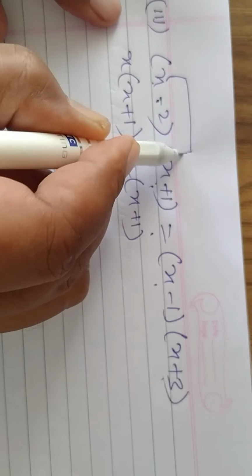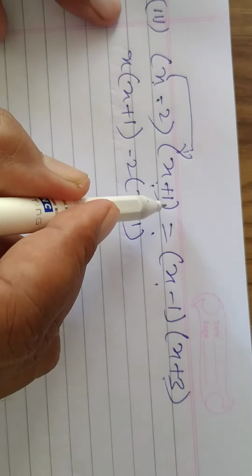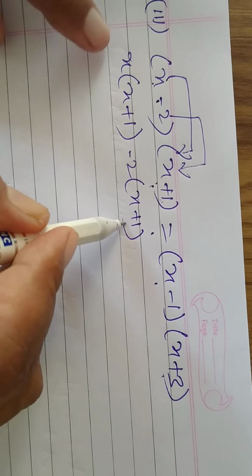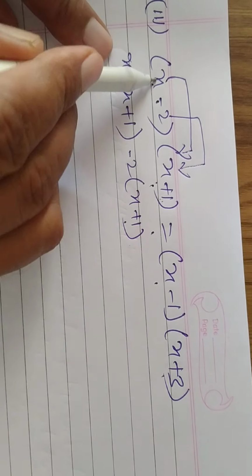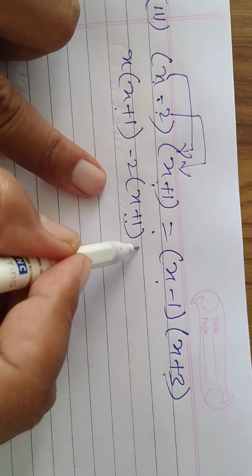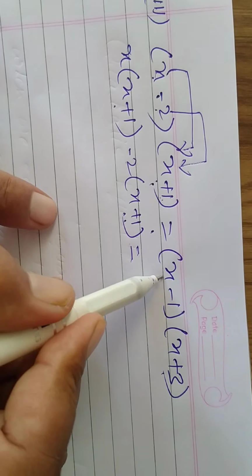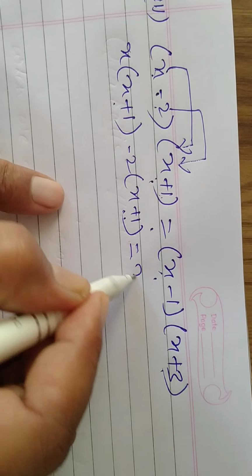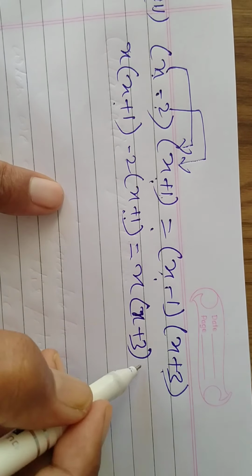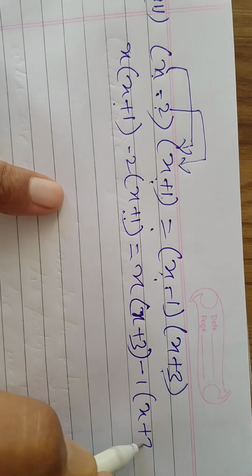First this we multiply to both terms, then again we multiply to this both term. We write like this, x(x + 1), then again −2(x + 1) equal to, same process here also, x(x + 3), then again −1(x + 3).